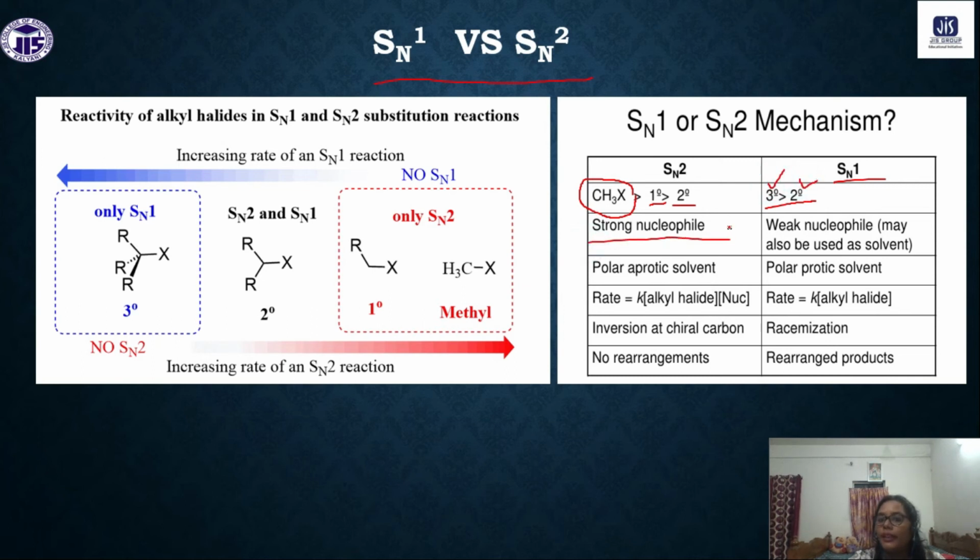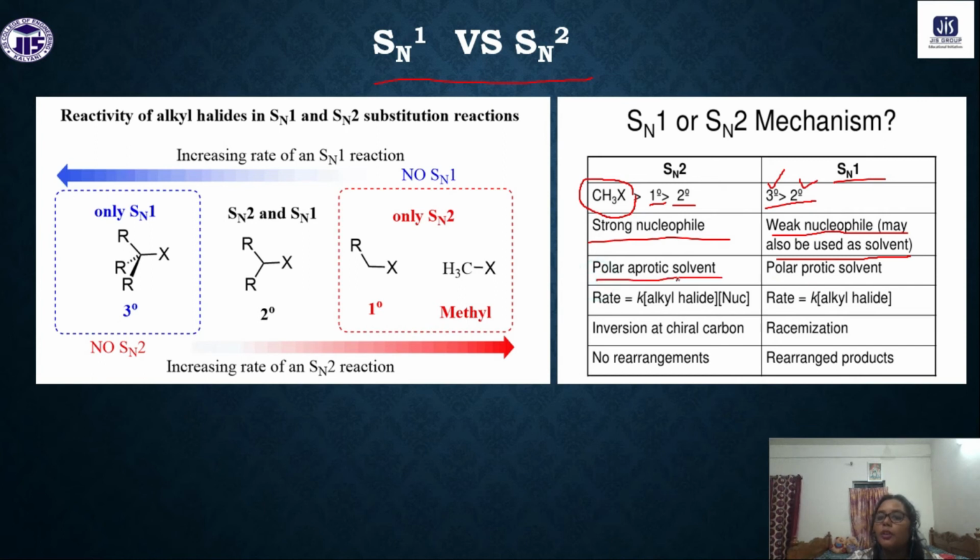For the SN2 reaction, we need a strong nucleophile, as it can attack the substrate very promptly. A weak nucleophile, which may also be used as the solvent, is needed for the SN1 reaction. Solvents can be polar aprotic or polar protic.